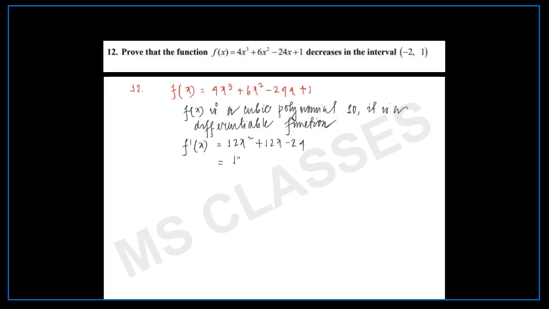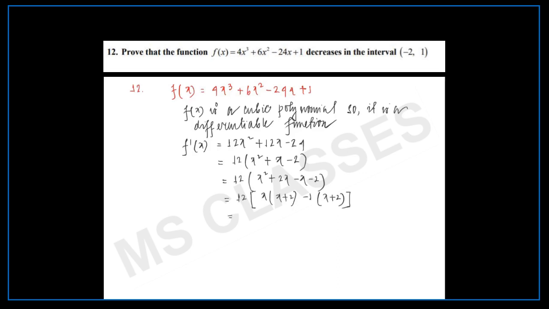So if we take 12 common, x squared plus x minus 2. So 12 times x squared plus 2x minus x minus 2, 12 times x into x plus 2 minus 1 into x plus 2.